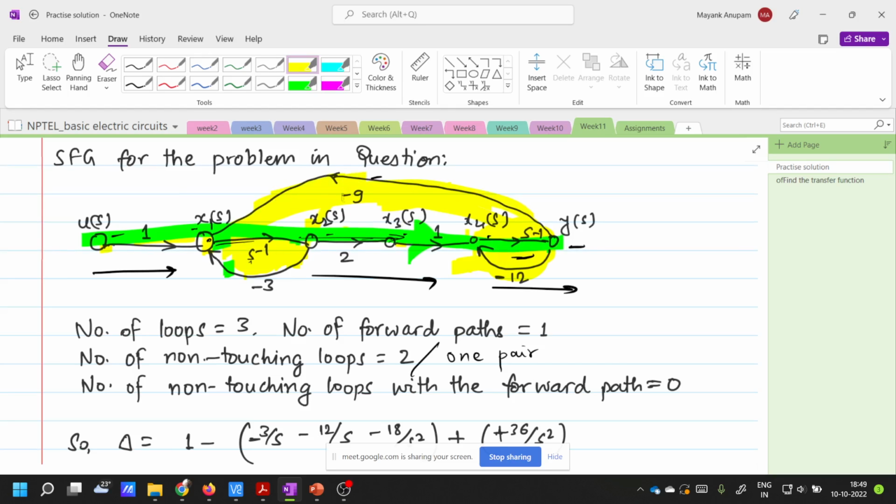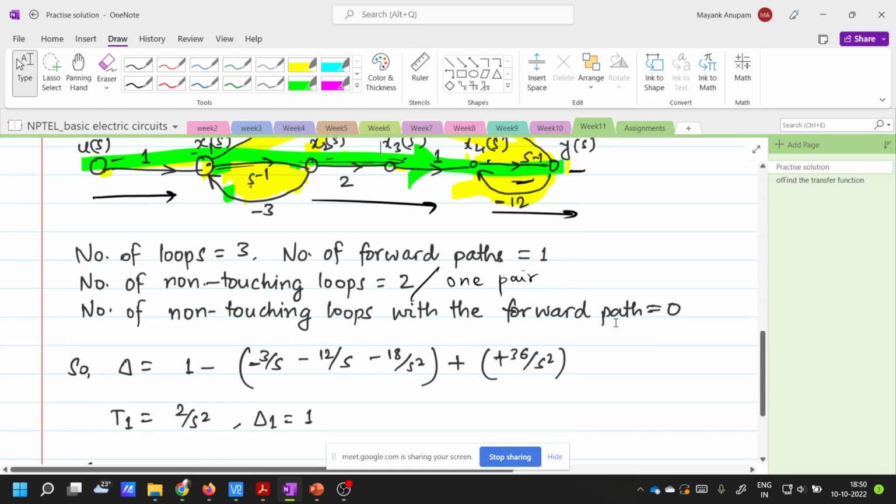This also has many nodes in common with the forward path, right? All these nodes x1, x2, x3, x4 and y are in common with the forward path. So you do not have any non-touching loop with the forward path. This is 0.